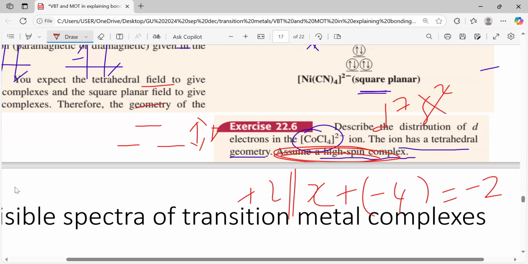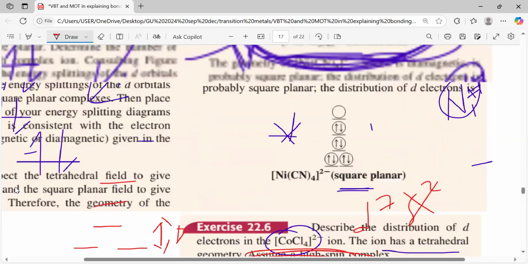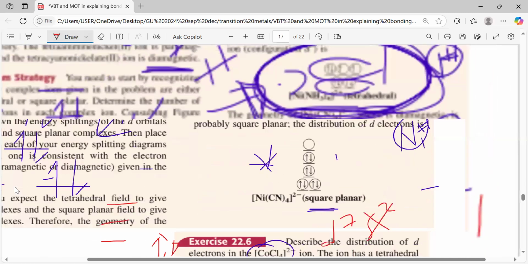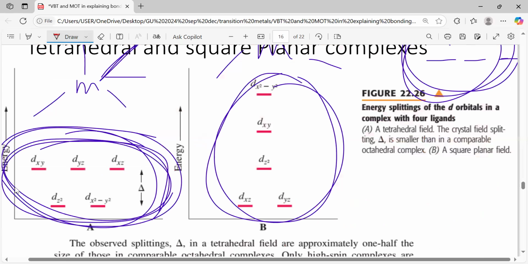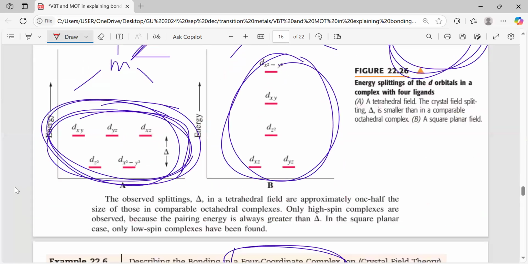So we have D7. So we start D7 and it's tetrahedral, and that is the split of tetrahedral. Let's see tetrahedral. Tetrahedral splits.